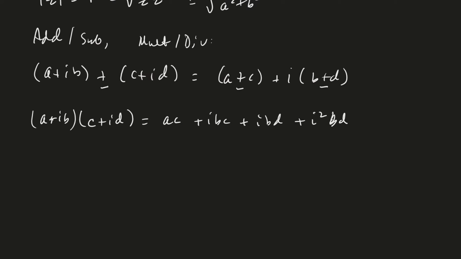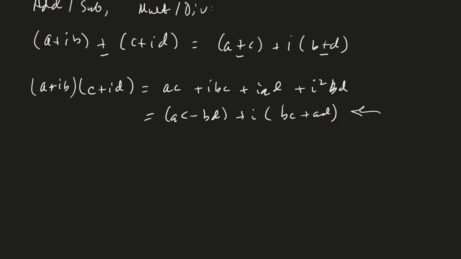Oops, I got an incorrect term there. That should be an ad there, right? So that's going to be ac minus bd plus i times bc plus ad. Don't memorize that. Remember that when you do this multiplication, you're just going to FOIL it out.